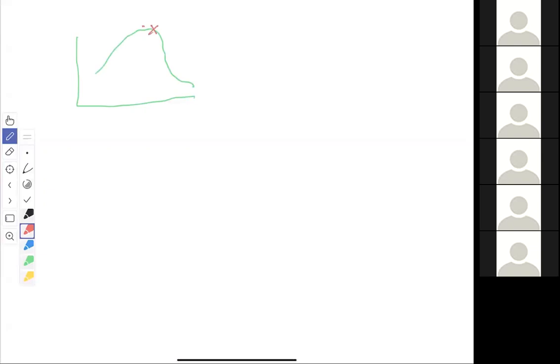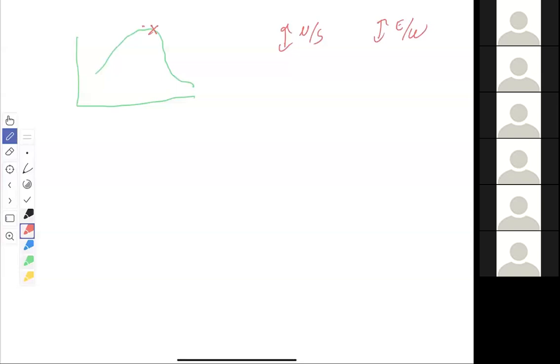But in 3 dimensions, the ball might roll a combination of north-south and east-west, so it'll have a north-south component to its movement and an east-west component to its movement.